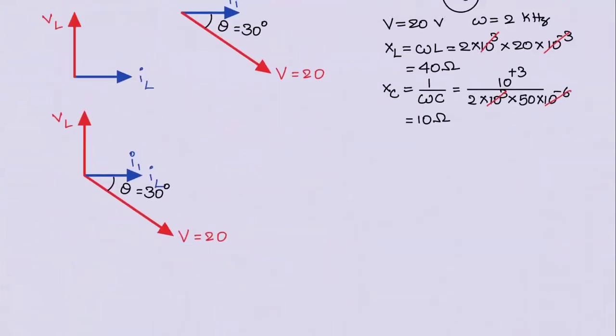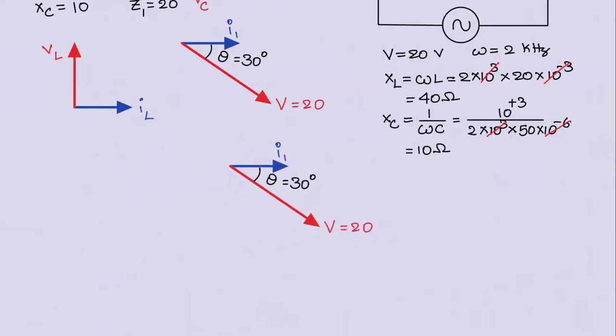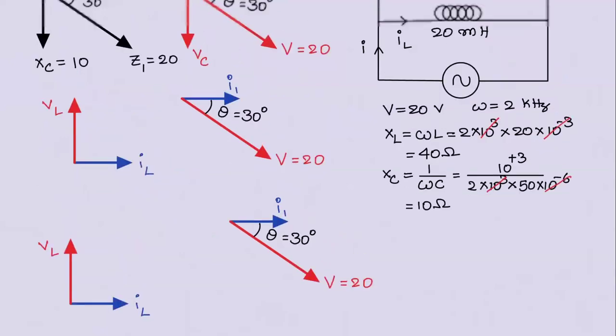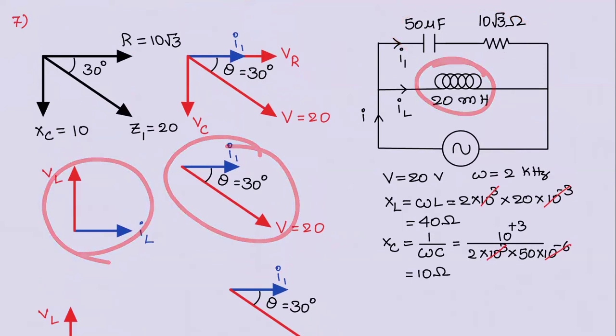In parallel, we don't synchronize like that, right? In parallel, tell me what should be same? Voltage. Voltage should be same. So my point is that this upper part, let us take as element 1, and the lower part is this one.